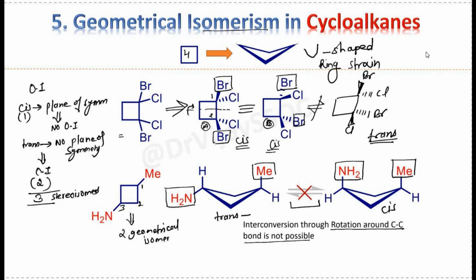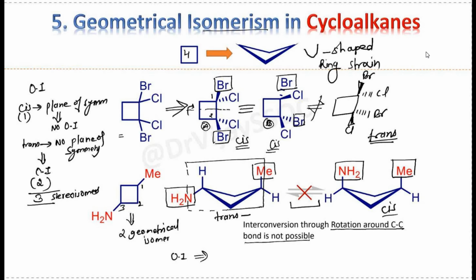What about optical isomers? Now let's look at the plane of symmetry. If you see, you can divide this molecule into identical halves by passing this plane. So trans and cis both have a plane of symmetry.